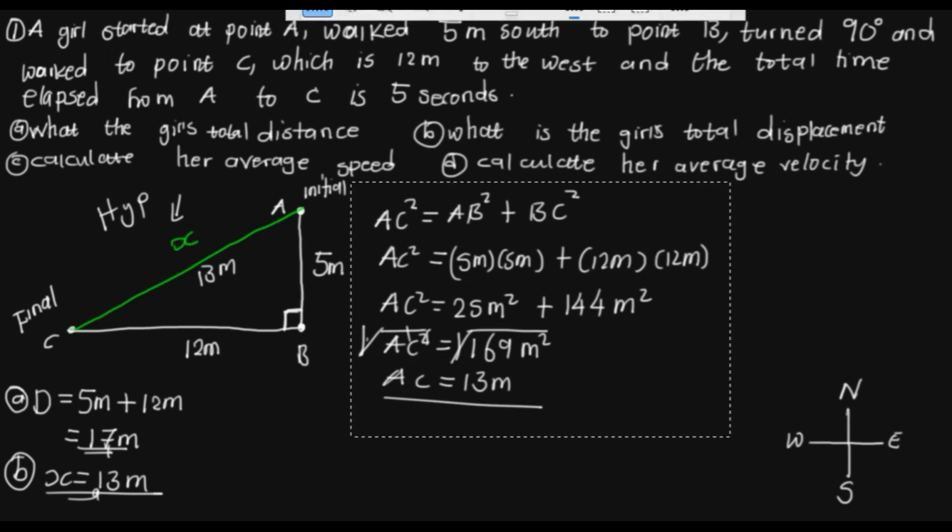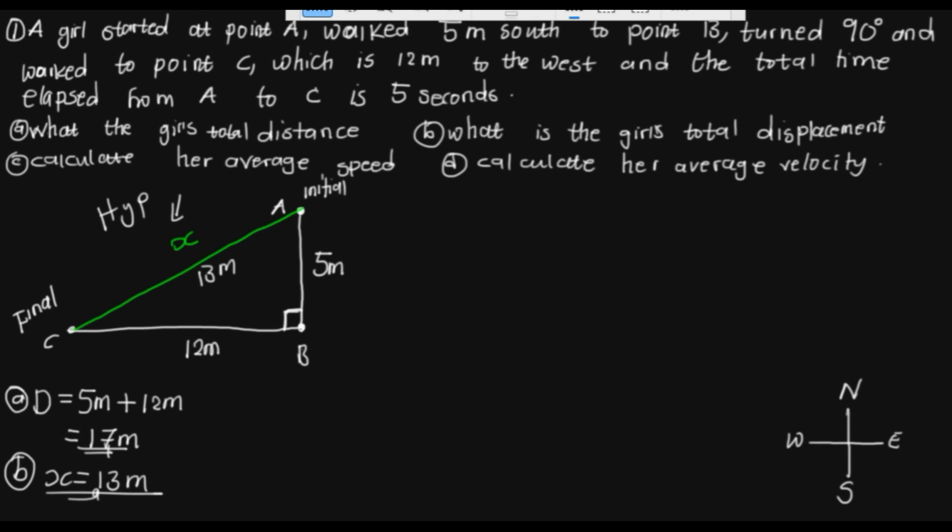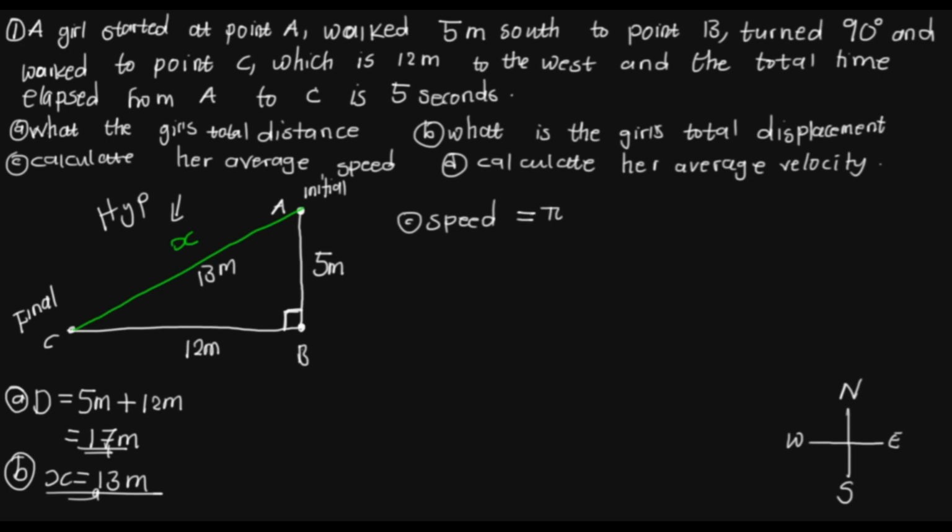Okay, now we can move on to the other part. Calculate the average speed. We said speed is equal to total distance divided by time taken, or time elapsed.